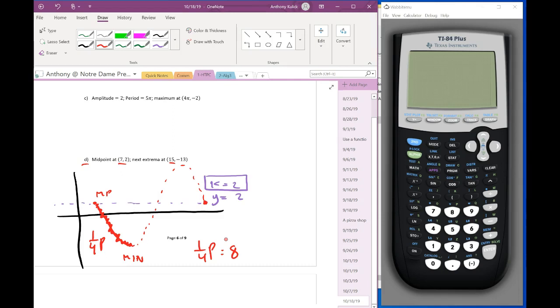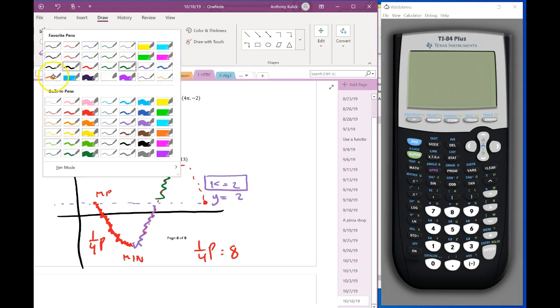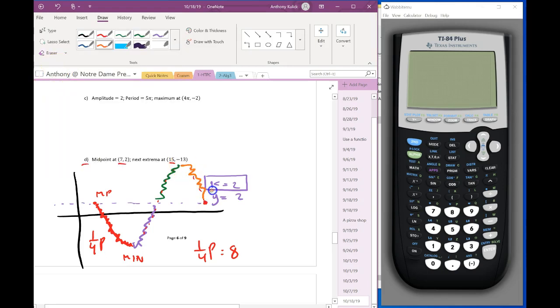So I would say midpoint to any extreme is a quarter. So how many of those sections do you have? Like that's another quarter, this would be another quarter, and that would be another quarter. So if you're going midpoint to extreme or extreme to midpoint, those are all quarters of a period.